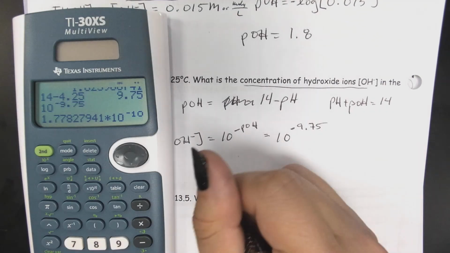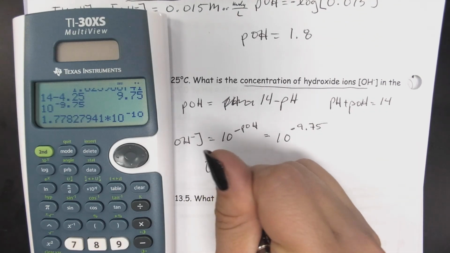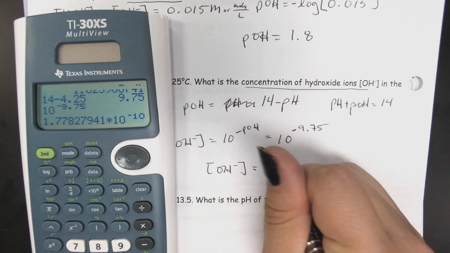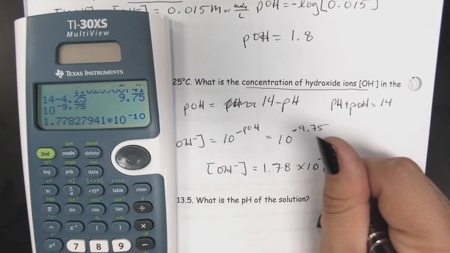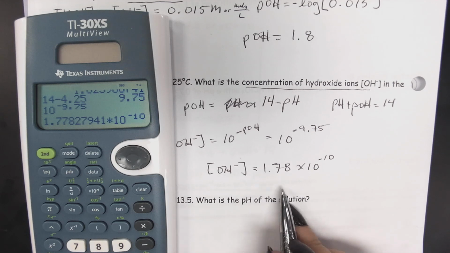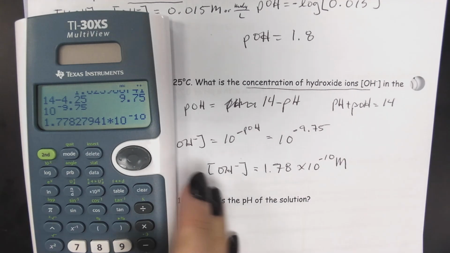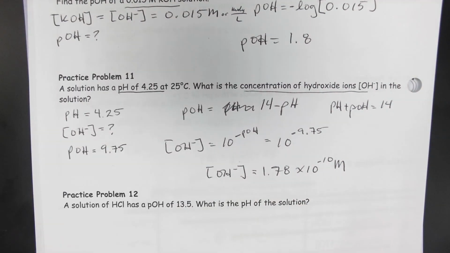So our concentration is equal to 1.78 times 10 to the negative 10, and since this is a concentration, it's capital M molarity.